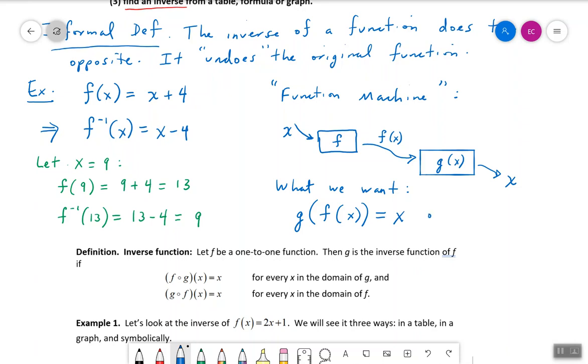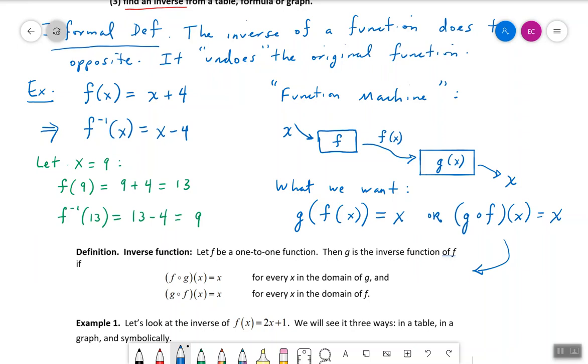And of course, there's a notation for that, which is the composition of two functions, which just says g circle f of x is equal to x. And that leads us right into the formal definition of an inverse function.